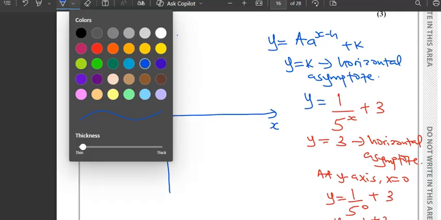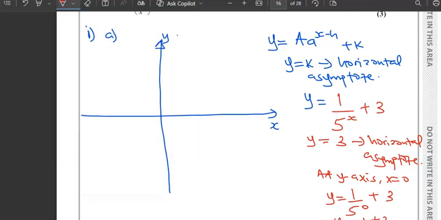And of course, number 2, we can sketch our asymptote. The asymptote in this case is simply y equals 4. So this becomes your asymptote, y equals 4.